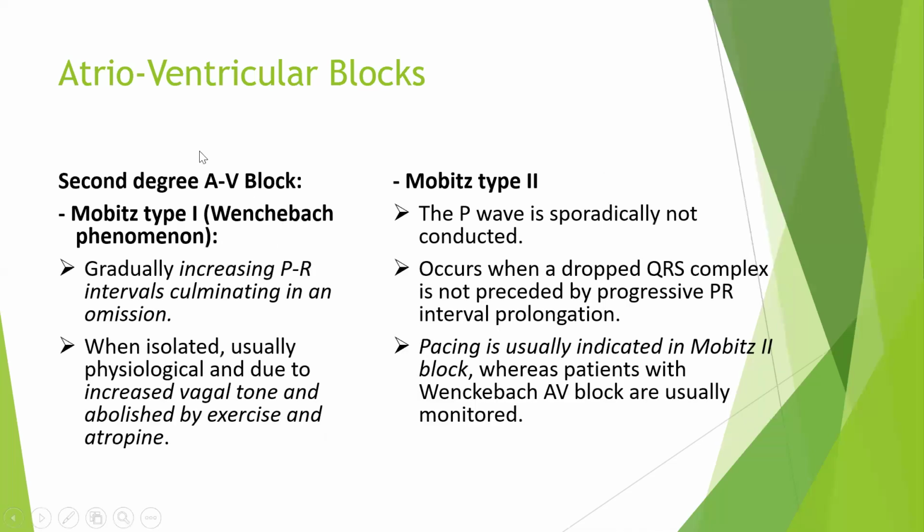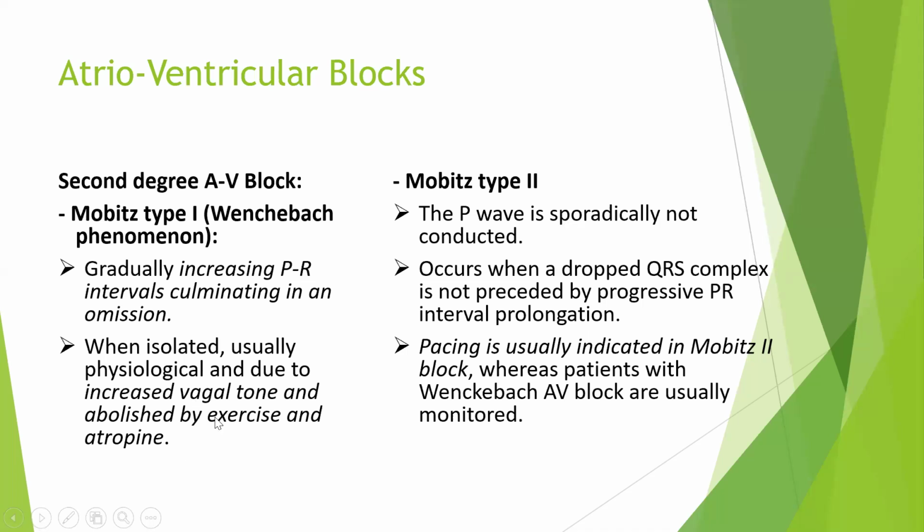Then the second degree heart block can be divided into two, the Mobitz type 1 and the Mobitz type 2. In second degree heart block Mobitz type 1, the PR interval gradually increases until you have a missed P wave, all right? Then after the missed P wave, it starts again.